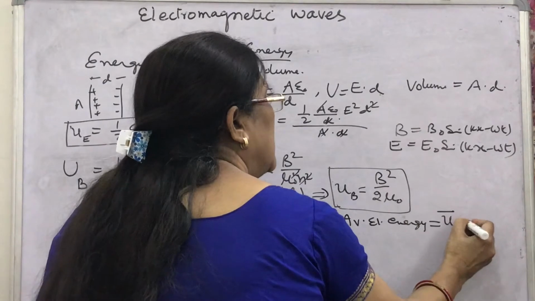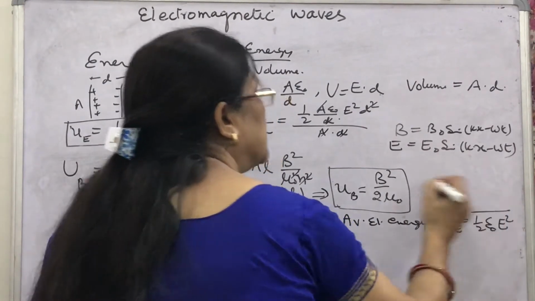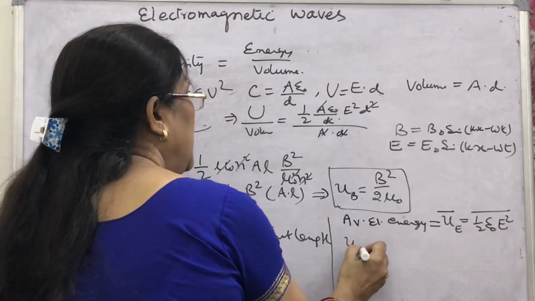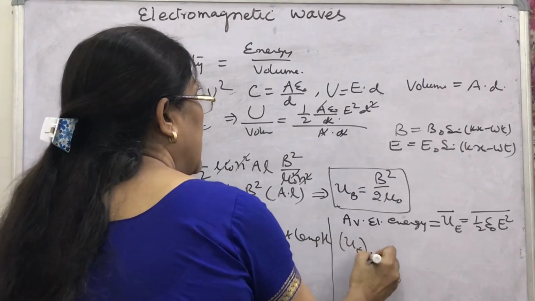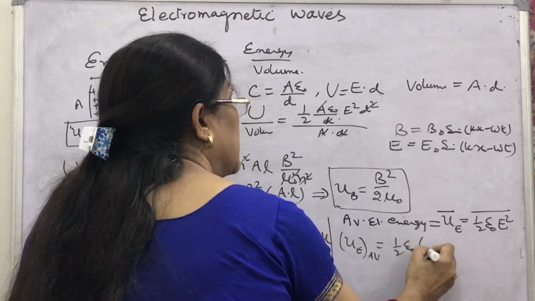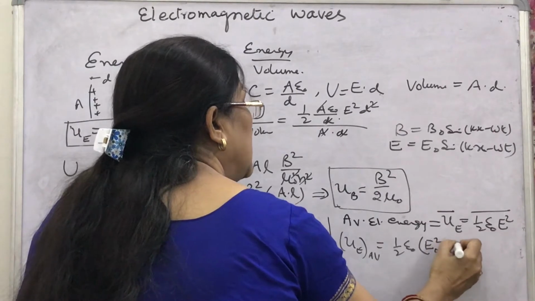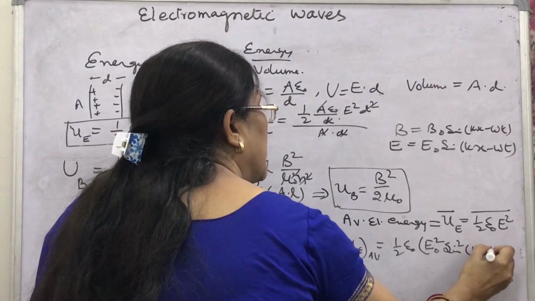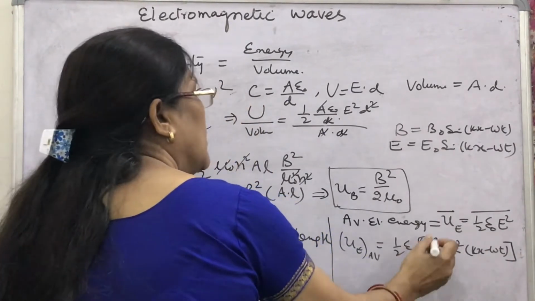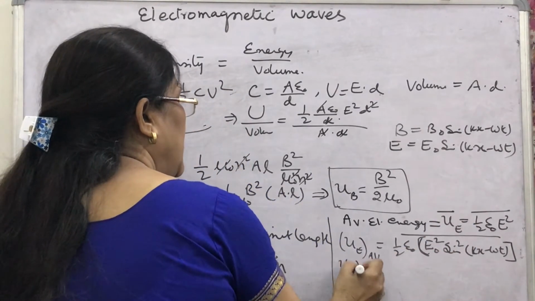Then you will write this half epsilon naught E square with a bar. You can write U_E average equal to half epsilon naught, and this can be written as E naught square sine square kx minus omega t, and its average.